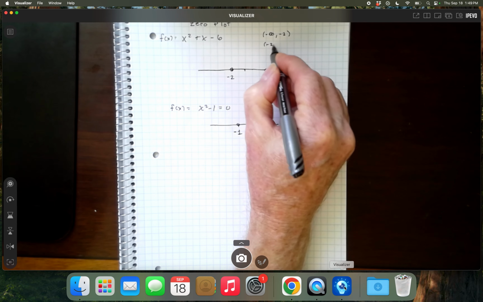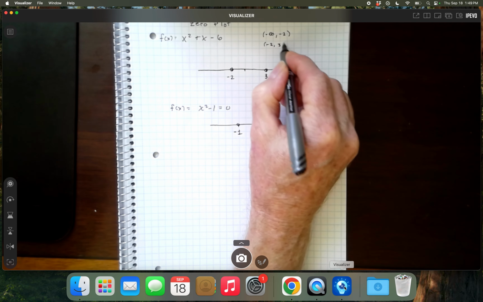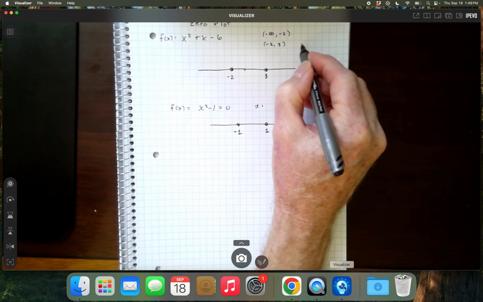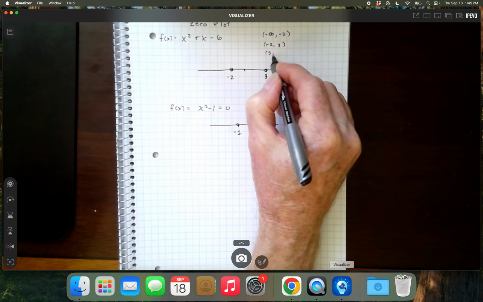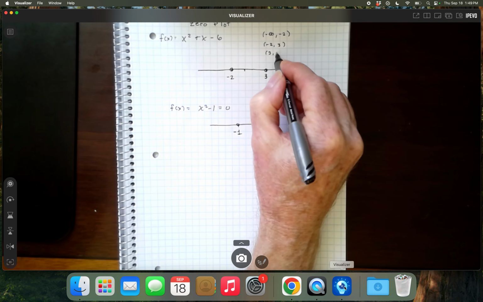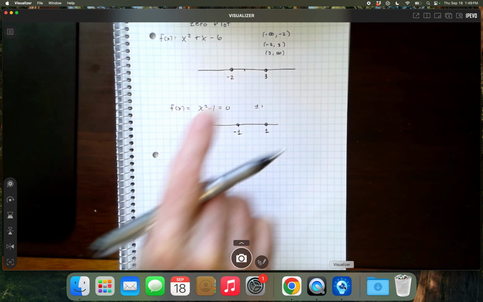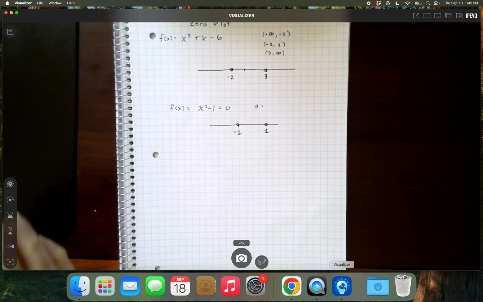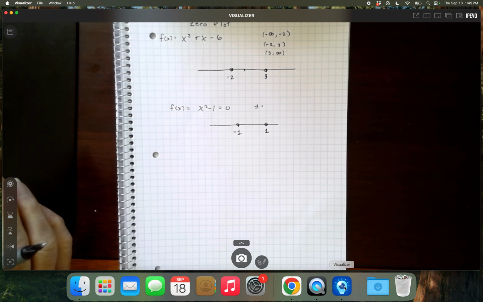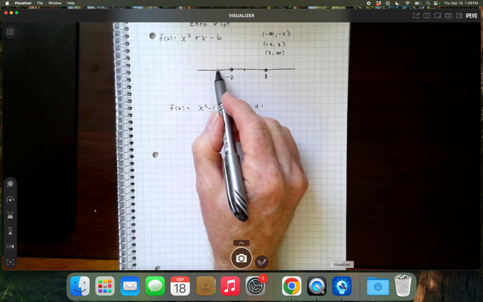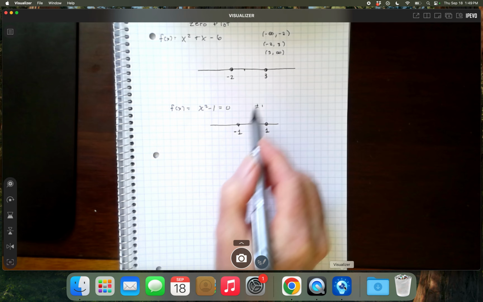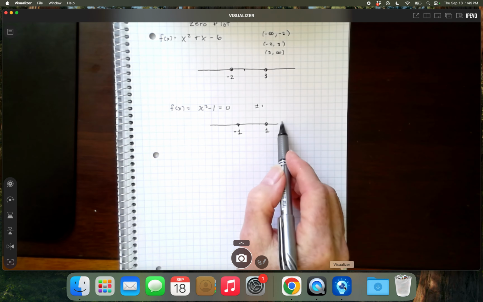From minus 2 over to 3, this segment. And finally, from 3 up to infinity. Whenever you draw your zeros, you're partitioning or dividing the number line up into so many segments. If there are 2 zeros, you're going to have 3 segments. Over here, 3 segments.